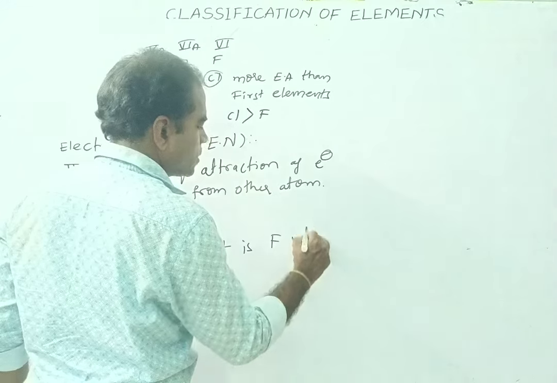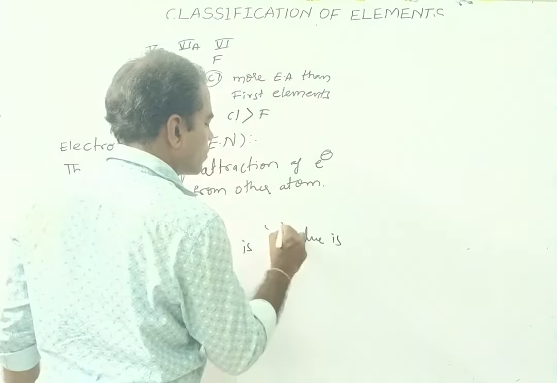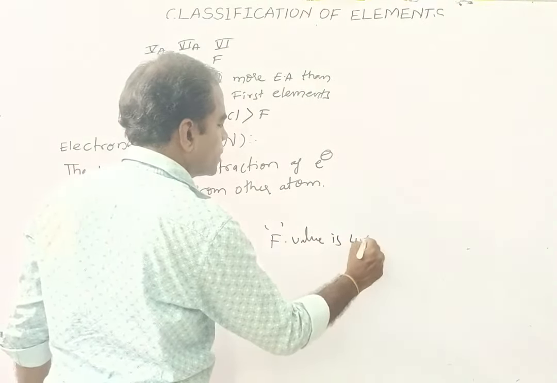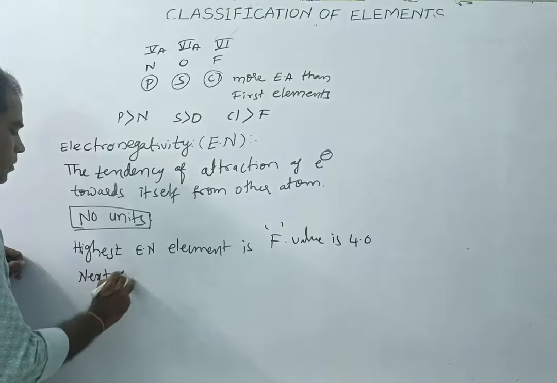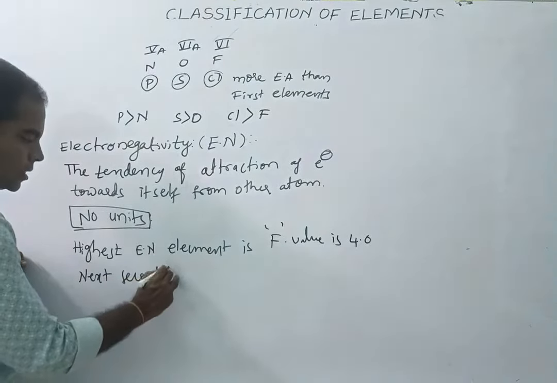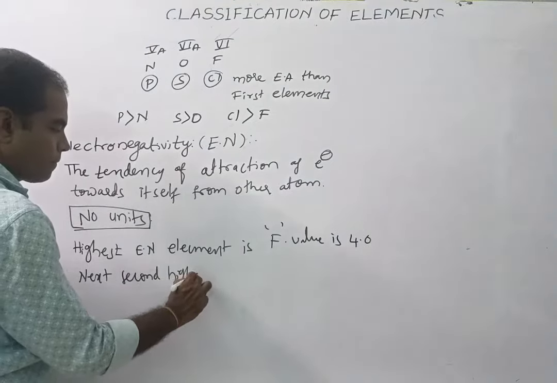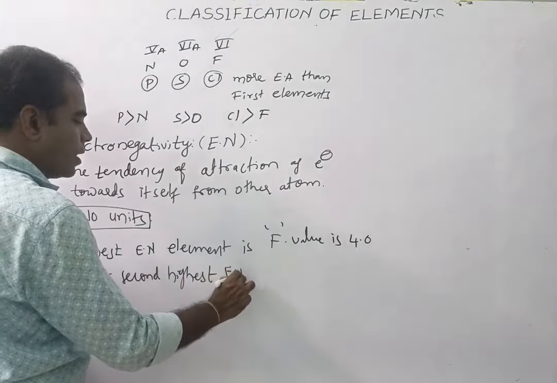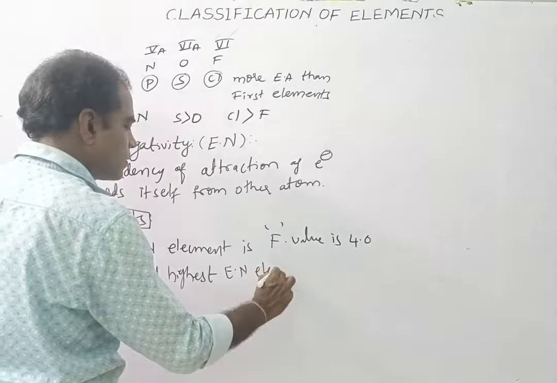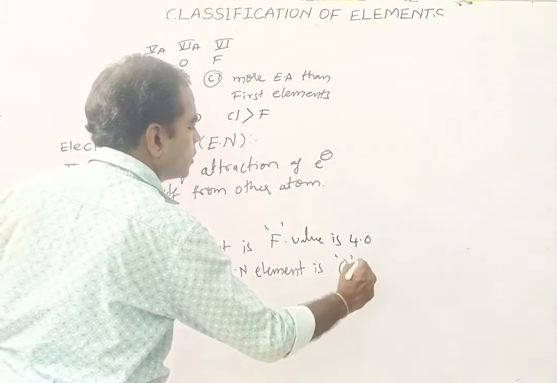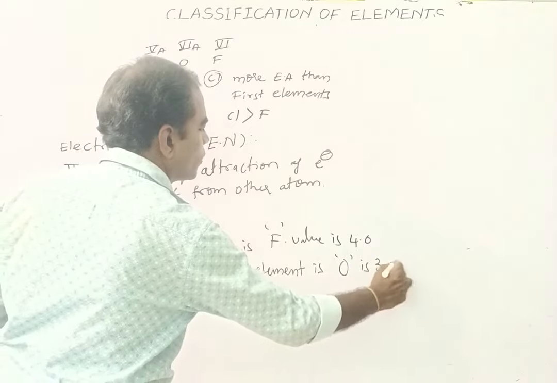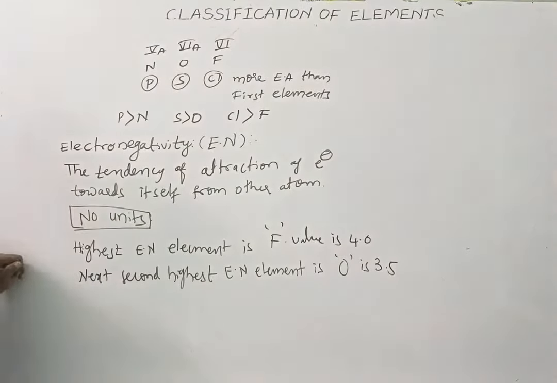The value is 4.0. The second highest electronegative element is oxygen. Its value is 3.5.